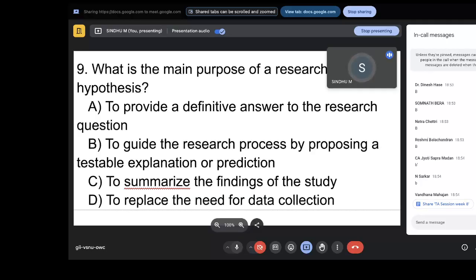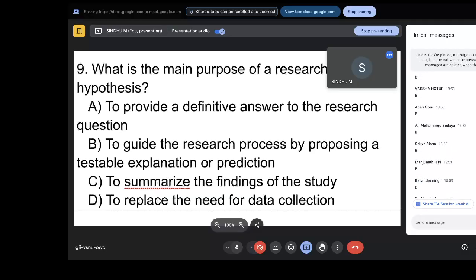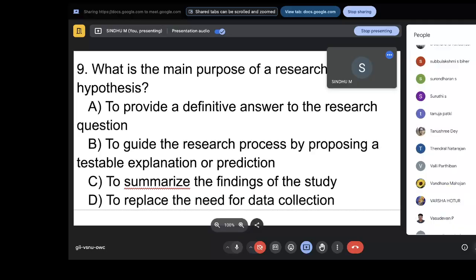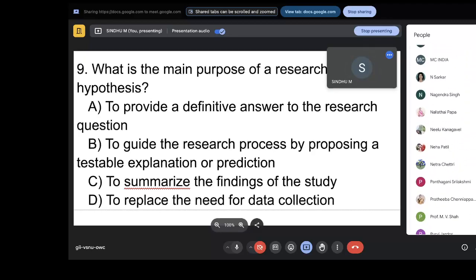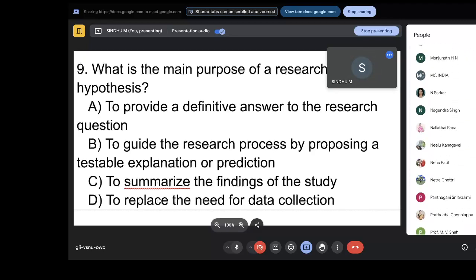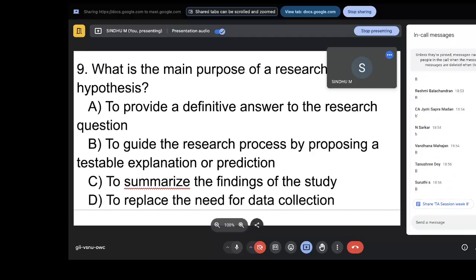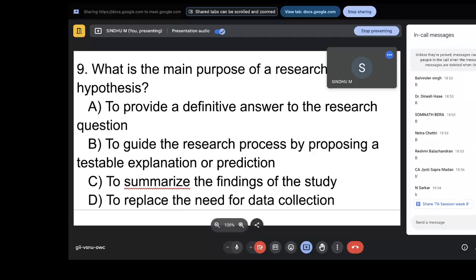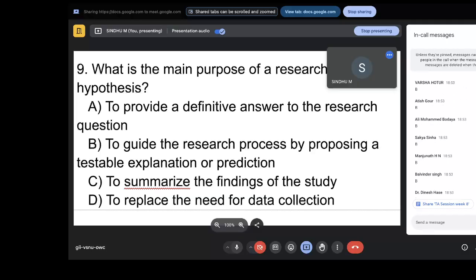N Sarkar, are you there? Manjunath, are you there?